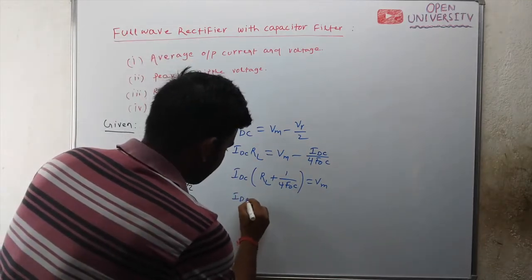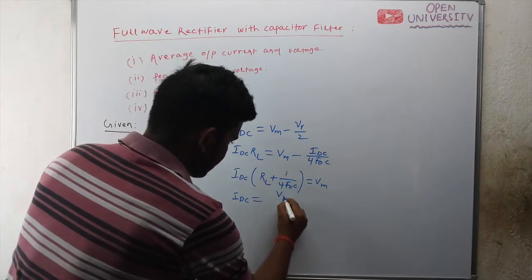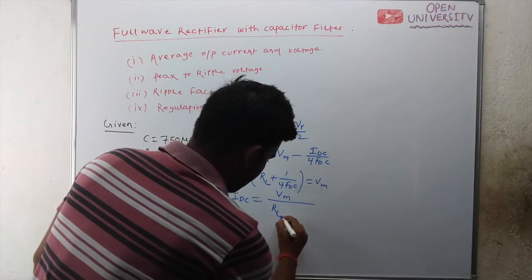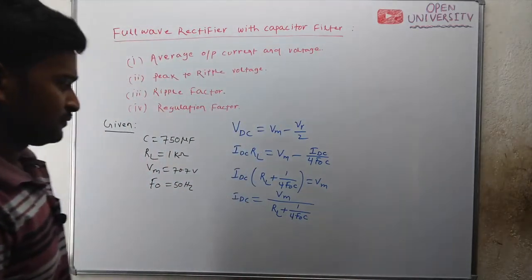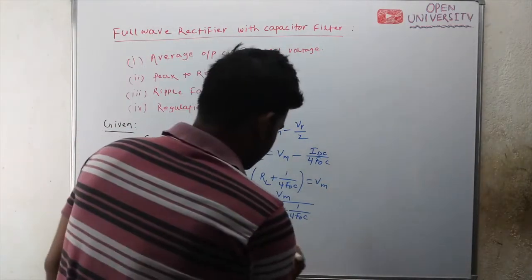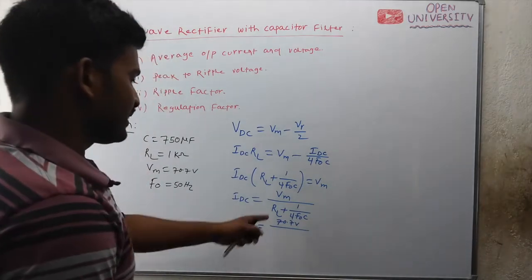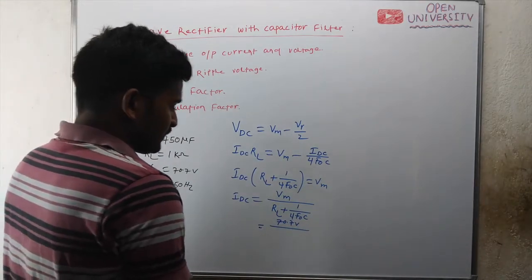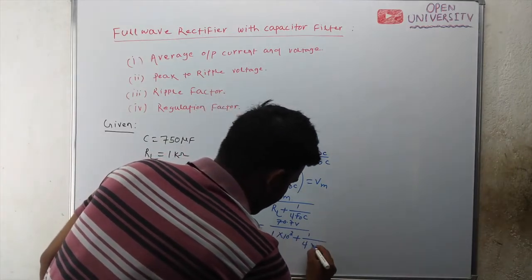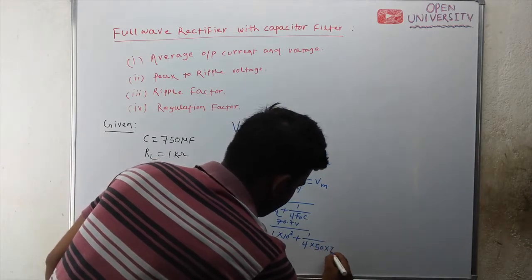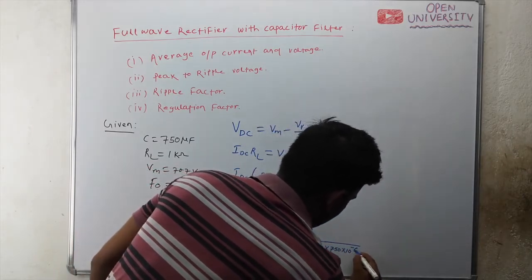So you can write IDC equals Vm divided by RL plus 1 by 4 f C. The value of Vm is 70.7 volt divided by, RL is 1 kilo ohm, plus 1 by 4 into 50 into 750 into 10 power minus 6.